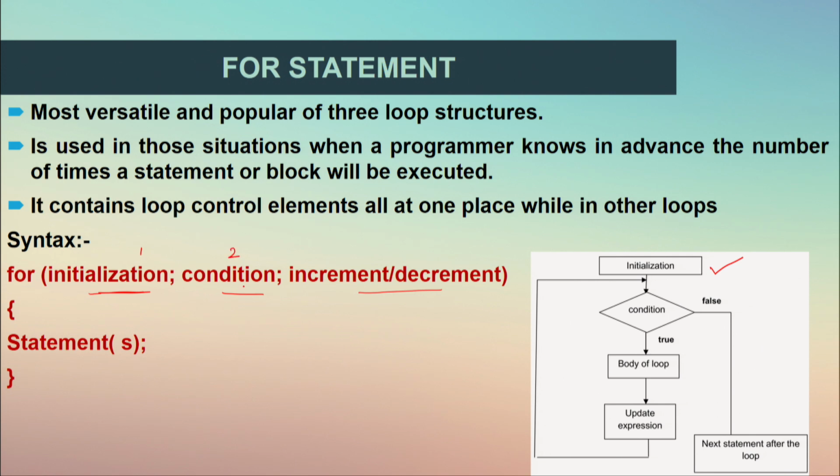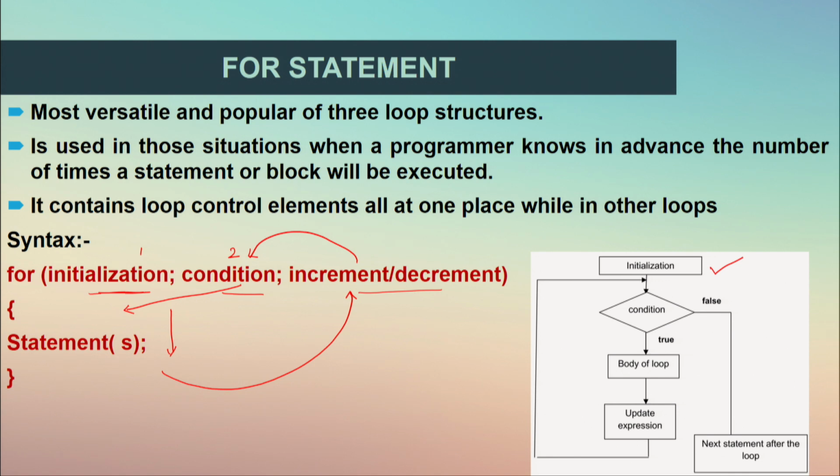If the condition is true, it executes the body of the loop. After completing the body of the loop, it will be updating the expression by incrementing or decrementing. After increment or decrement, it again checks for the condition. If the condition is true, the same process will be carried out for n number of times.